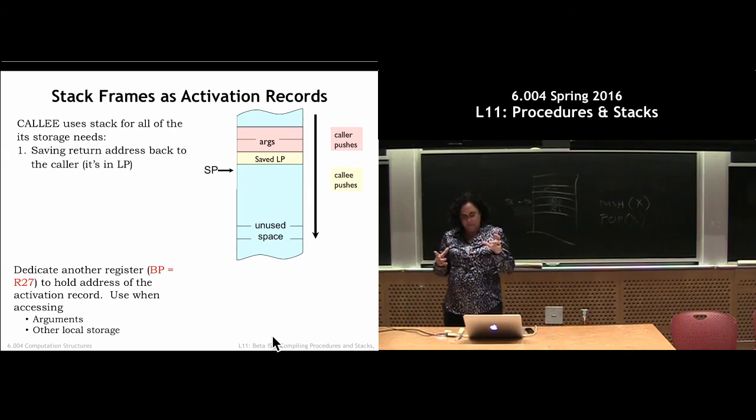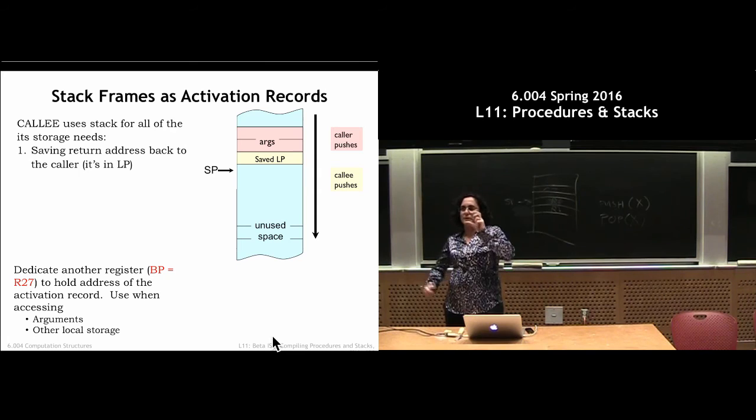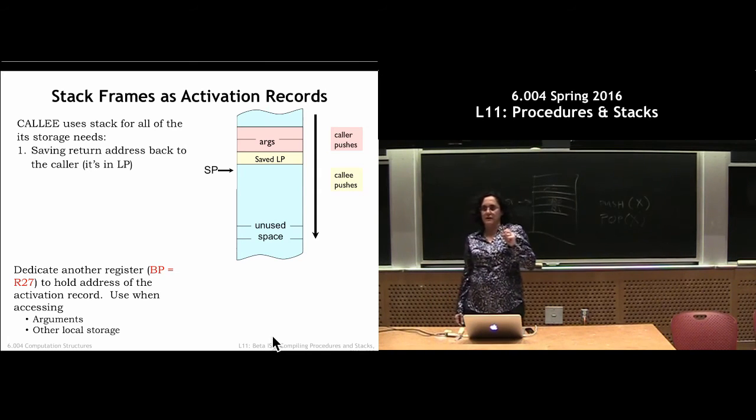Okay? Now we have yet another special kind of register, the base pointer, and this one uses register R27. What this is going to do is basically give you a pointer into a particular activation record.